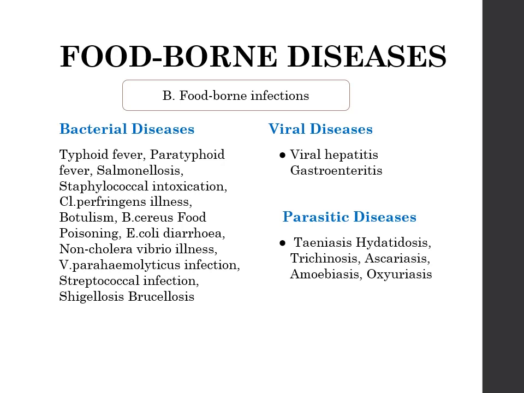Foodborne diseases we have already covered in the previous lectures, divided into bacterial diseases, viral diseases, and parasitic diseases. Bacterial diseases include typhoid fever, salmonellosis, staphylococcus infections, Clostridium perfringens illness, botulism, Bacillus cereus food poisoning, E. coli diarrhea, non-cholera vibrio illness, and other infections.